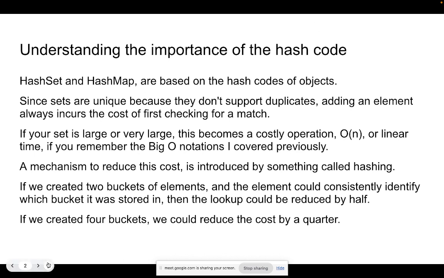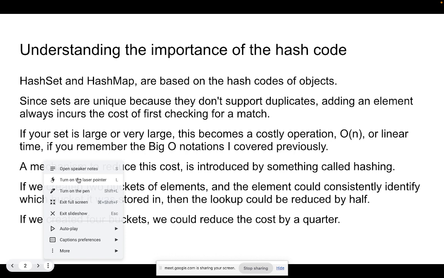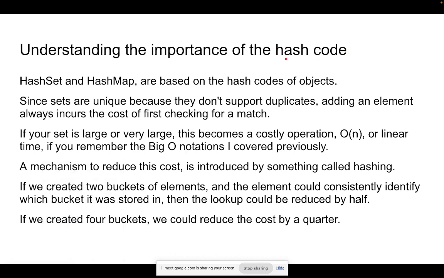Okay, so the first thing that we're going to look at today is hashing. That is the concept of hashing, which will lead us to the concept of hash set and hash map. Now, sets are the kind of data structure which are unique, so no duplicate elements. We will see their implementation as well.